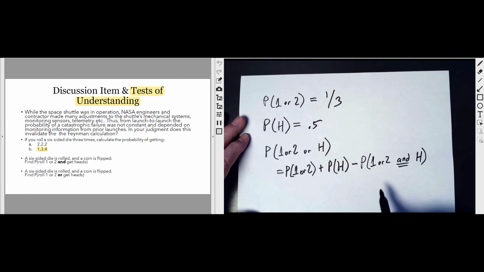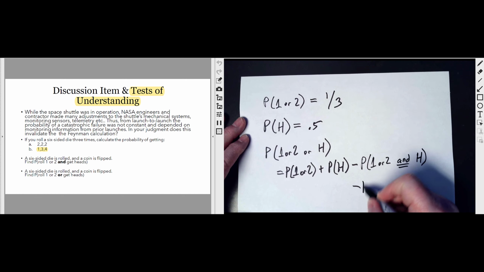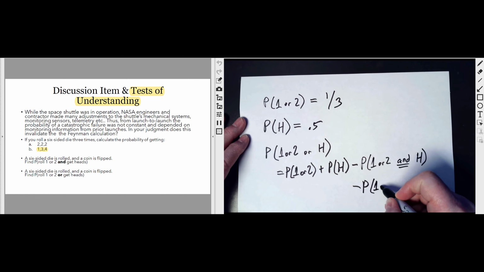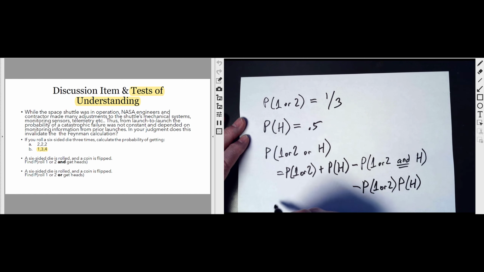Well, here, independence helps us in this third term. The probability of getting a 1 or a 2 for our die and getting a head for our coin, those are independent events. So this term just becomes the probability of 1 or 2 times the probability of getting a head. And now we can just throw in the numbers and figure this out.